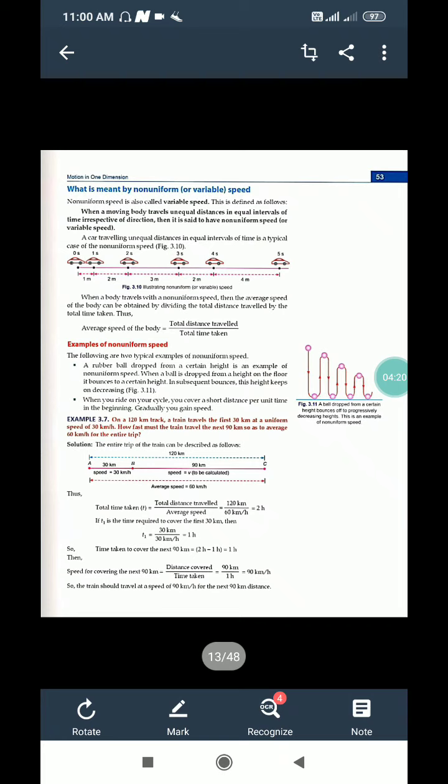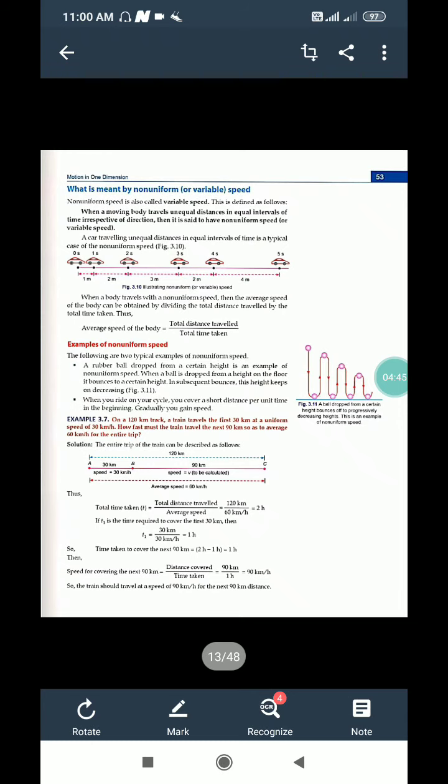Sometimes we have to move faster, and sometimes we have to move very slow, or sometimes we have to stop also. Okay, that is non-uniform speed. And uniform speed, a train is moving with its uniform speed. Suppose that 100 km per hour, it is the speed, fixed speed. Okay.